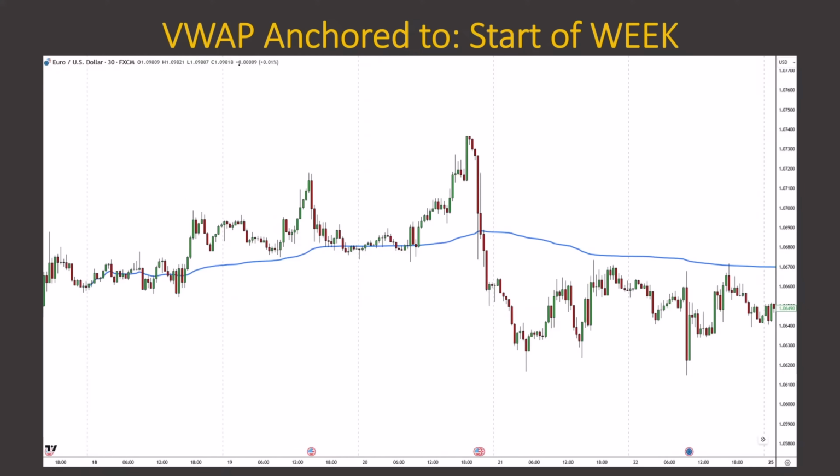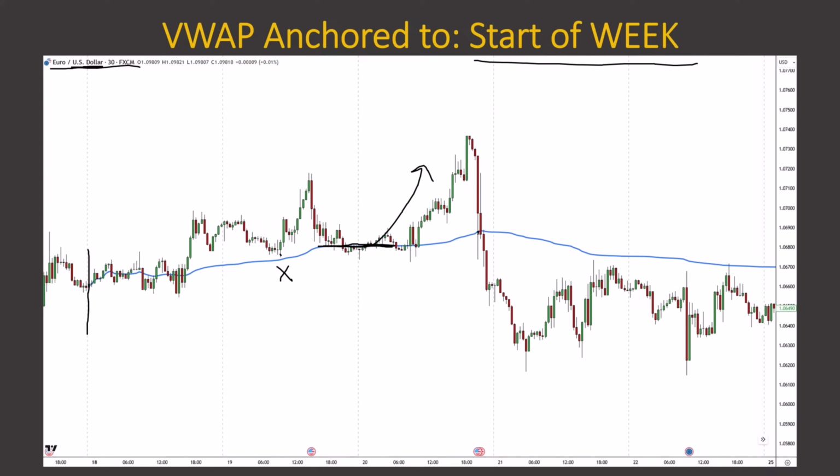Now here's another example. This is again the weekly VWAP, which means that it's anchored to the start of the week. That's in here. So this is your dollar 30-minute chart, and the way to go about trading this is longs from here. By the way, this is a missed trade, unfortunately. The price didn't reach the VWAP.